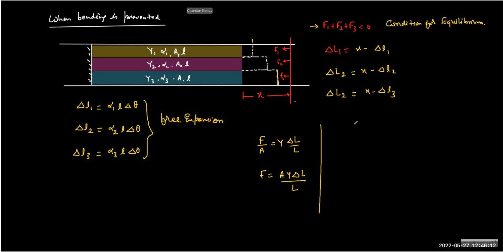Since the sum of forces must be 0 at equilibrium, F1 I can write as A by L, we can take common, Y1 delta L1, Y2 delta L2, Y3 delta L3, and A by L will become 0 only. So delta L1 is how much? Alpha 1 and delta theta.